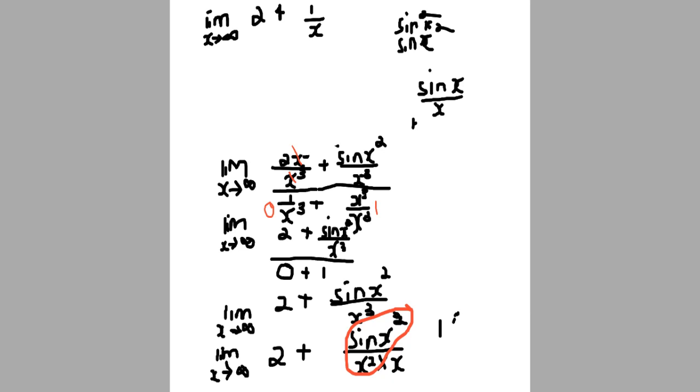Let me just take another marker, bear with me. We have 1 times 1 over x, because sine x squared over x squared is equal to 1.